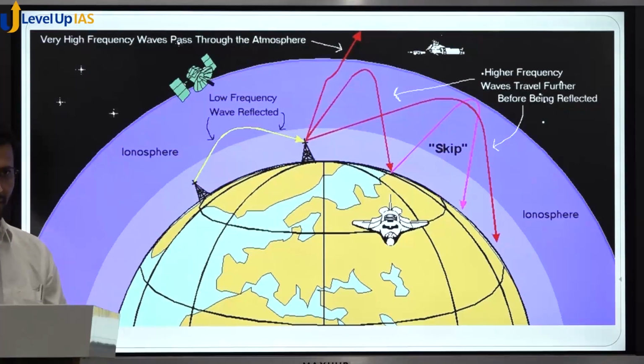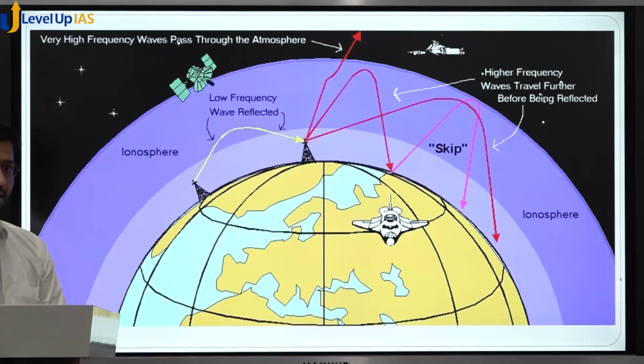Getting it? Understood this? Okay. Now, these are the different importance of different layers.